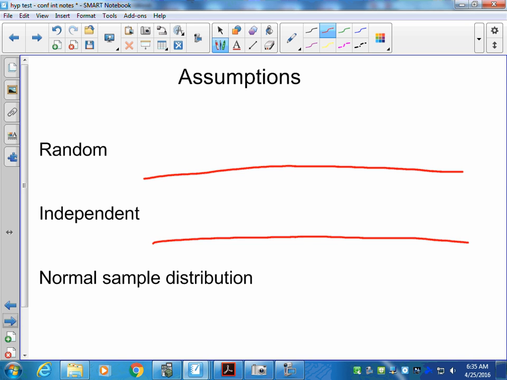For random, we're just looking for the statement in the question. You want to look for the statement in the question and copy it. Random sample of 15 people stated in problem. A simple random sample of 200 individuals stated in problem. Look for the statement and copy it when we're talking about the random nature. You have to verify that.